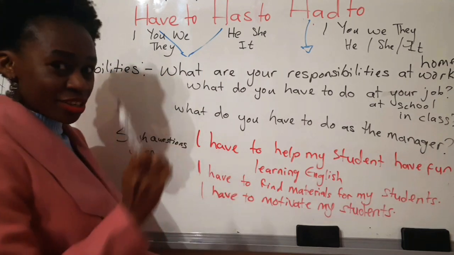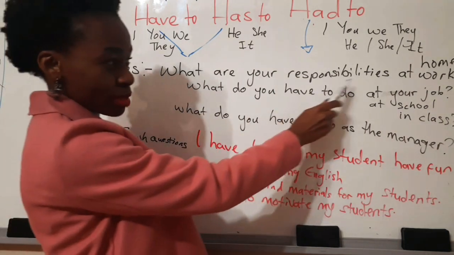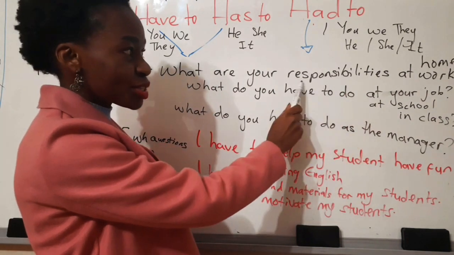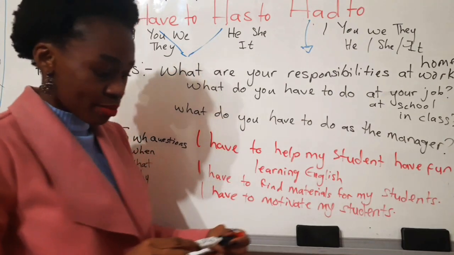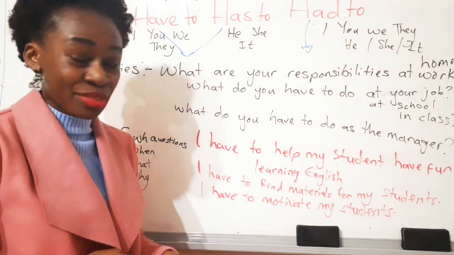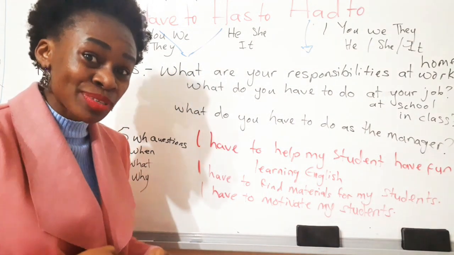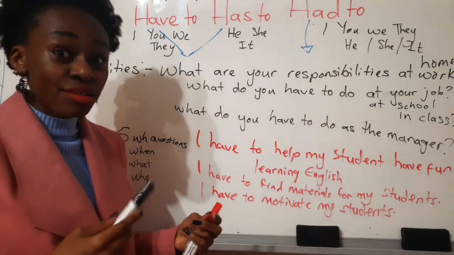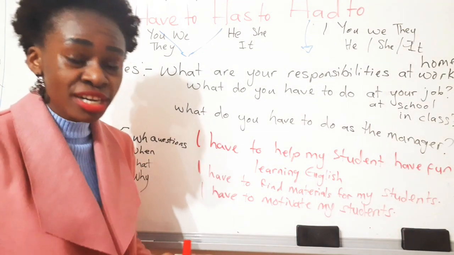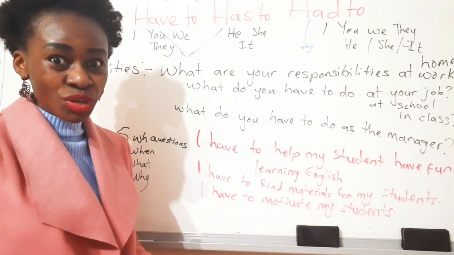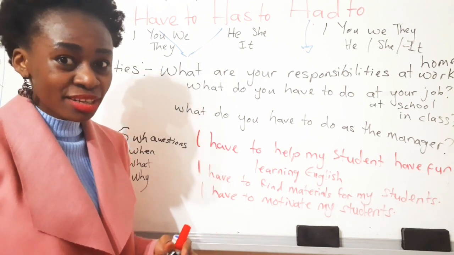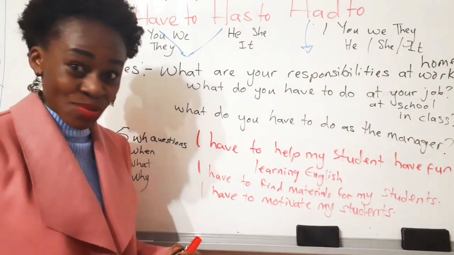So I find different materials to keep our learning process interesting. So in your notebook, write down your responsibilities at work or your responsibilities at home. For example, you're the mother or you're the father. What are your responsibilities? Do you have to do housework? Do you have to do grocery shopping? Or you don't have to do anything?